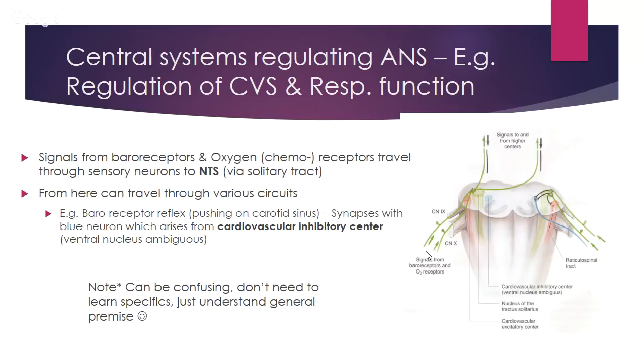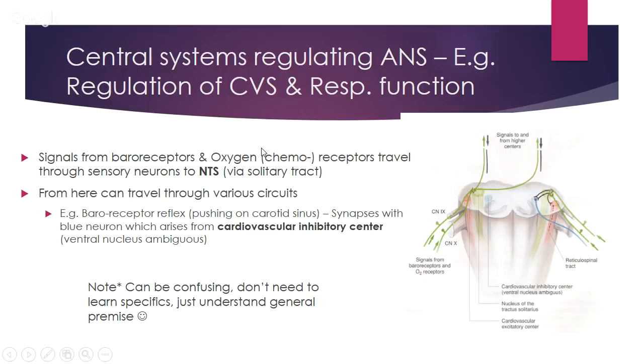But I think one example she did use that was kind of useful was your baroreceptor reflex. You guys all know this one, which you're not supposed to be doing. So you got signals from your baroreceptors in your carotid arteries. When you put pressure on them, the stretch receptors, that carries information up to your brain via the solitary tract.